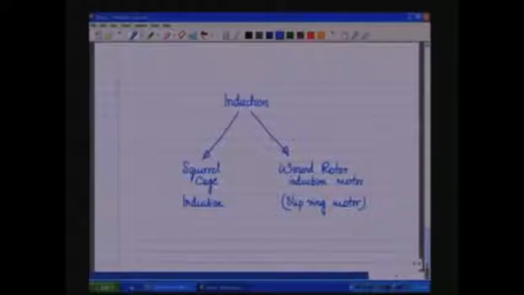So, as the name suggests here, in this case the energy enters from the electric domain and goes to the mechanical domain.